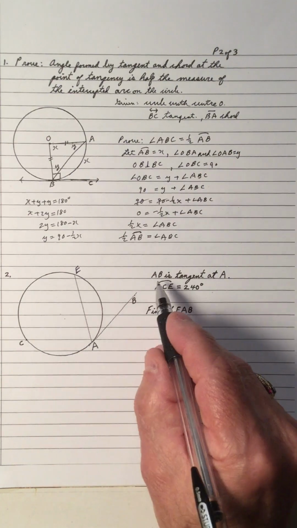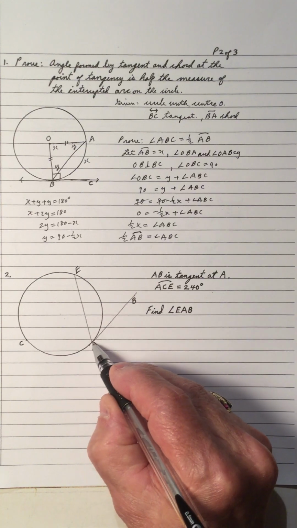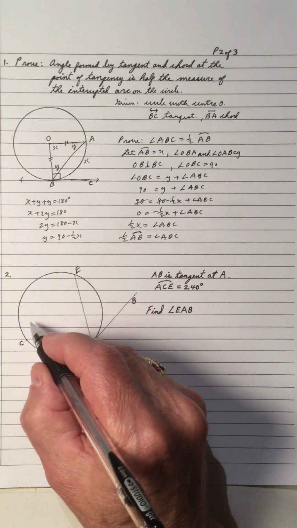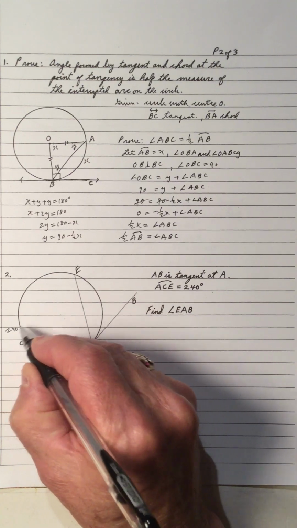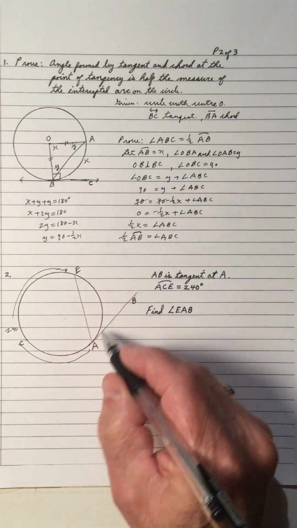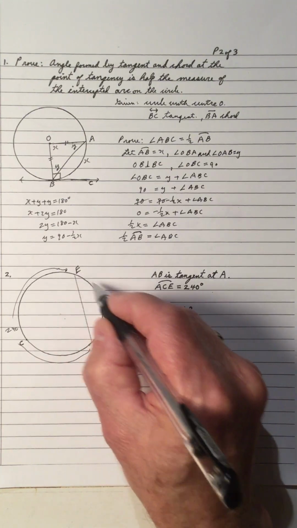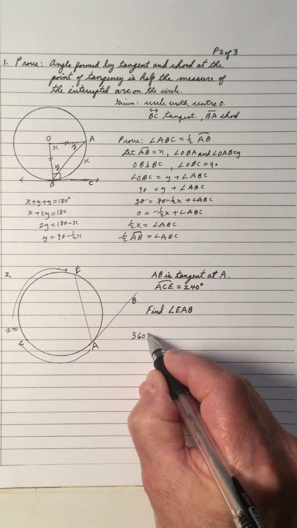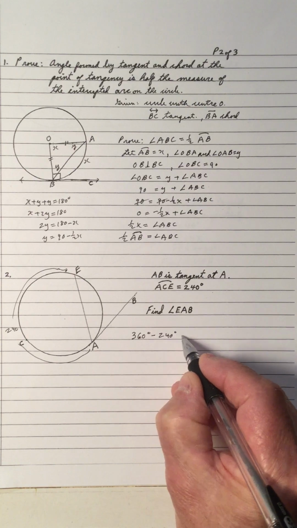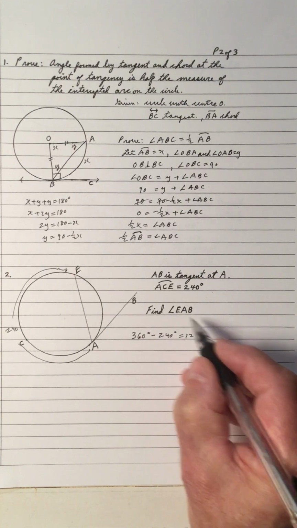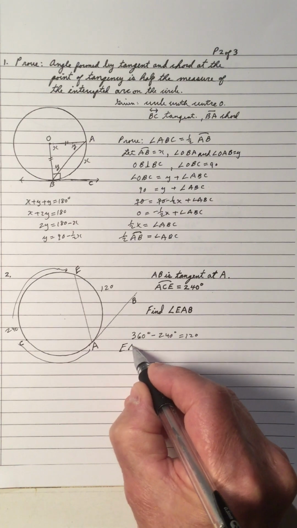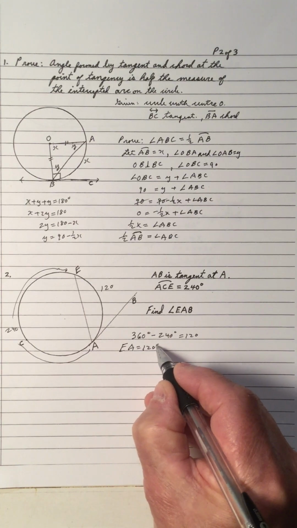So let's do number 2. AB is a tangent at A, and the arc ACE is 240. So 240 is this arc right here. That means if you take the 360 all the way around the circle and subtract 240, you'll get 120. So the arc EA is 120.